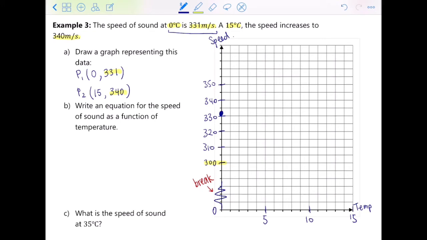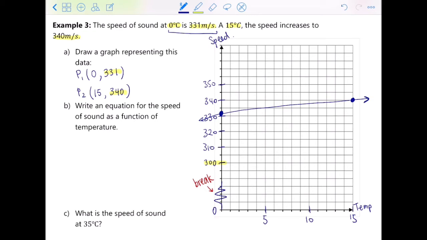P2, when temperature is 15 degrees Celsius, speed is 340, so we can just plug it here. And then I could draw a straight line going through those points. And also we can technically go backwards as well. I just didn't have the grid set up for it, but yeah.